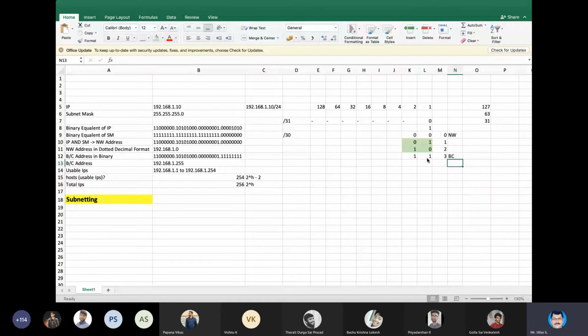The first 3 octets will be 255.255.255, and the last octet you have to tell me. You put your hand symbol. Only Priya. Priyadarshan. Anybody else? Vishnu.